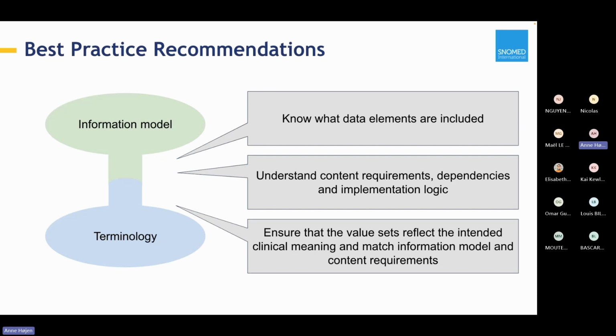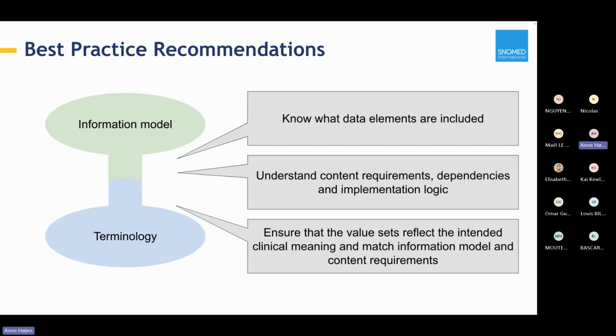The overall and best practice recommendations for terminology binding are these three you see here. Before you start to develop subsets and start to define your bindings, you need to know what are the data elements that you are including in your model. Then you also need to understand content requirements.